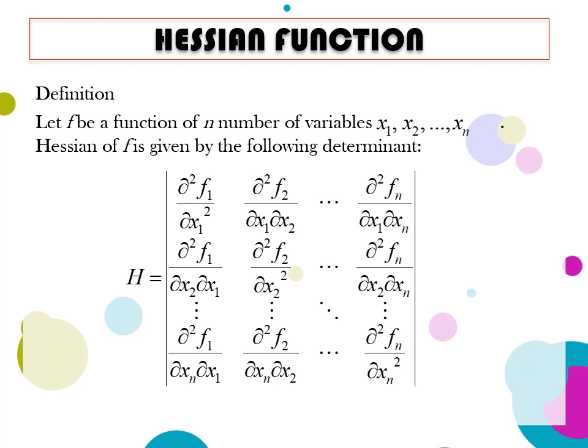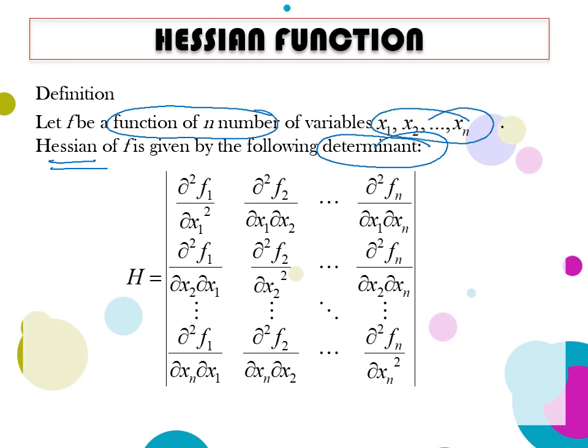So Hessian can be defined as a determinant of second order partial derivatives of the functions that we have. In general, we can say Hessian is a determinant for our n number of functions of variables x1 until xn.